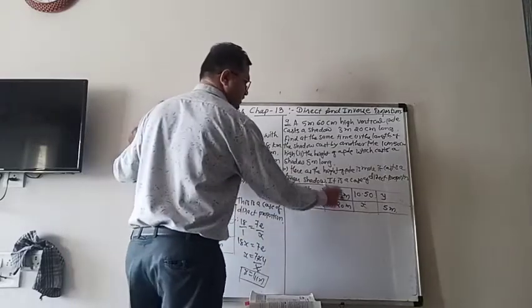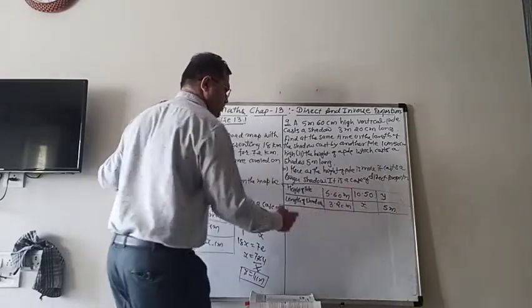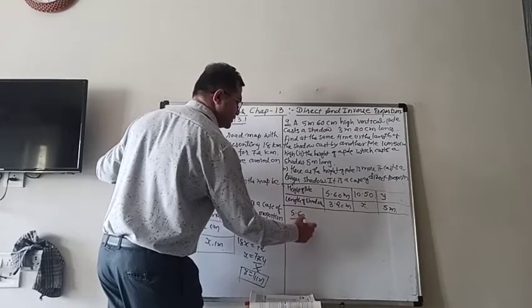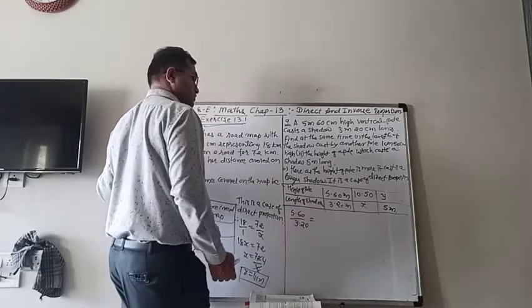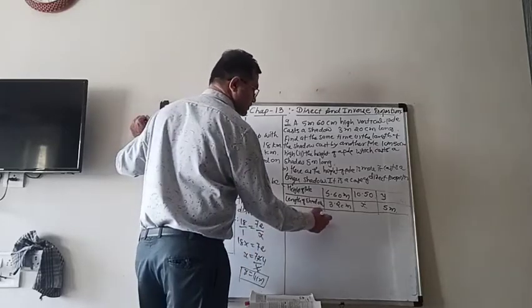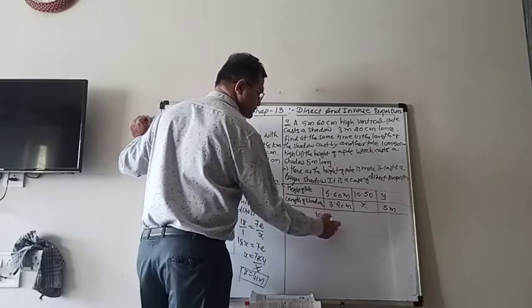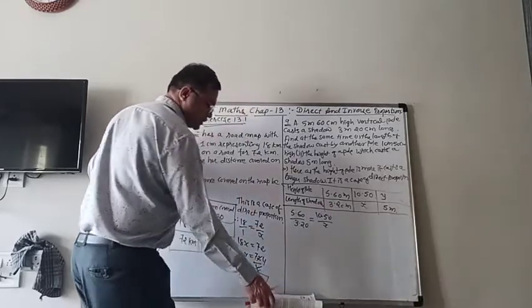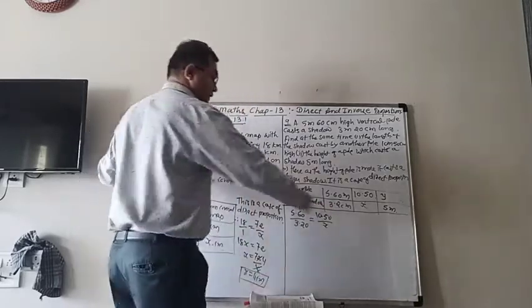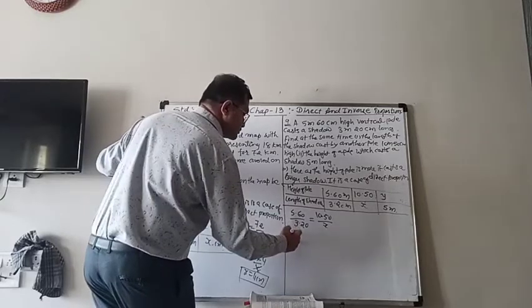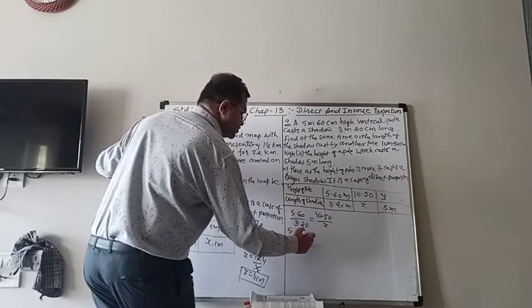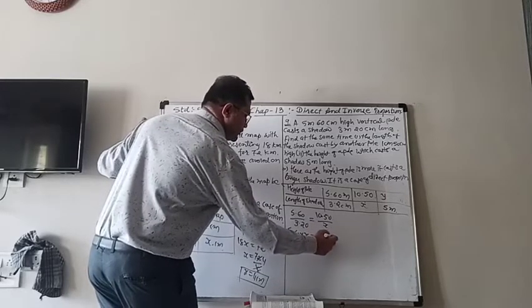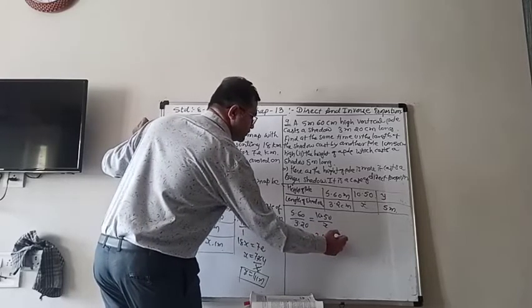So now first we will take 5.60 upon 3.20 is equal to 10.50 upon x. By cross multiplication, 5.60 into x is equal to 3.20 into 10.50.